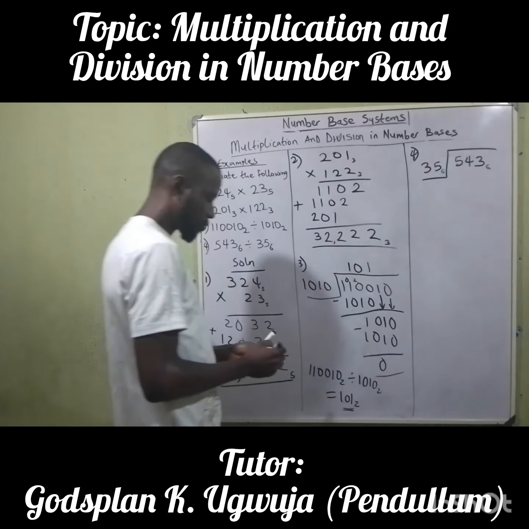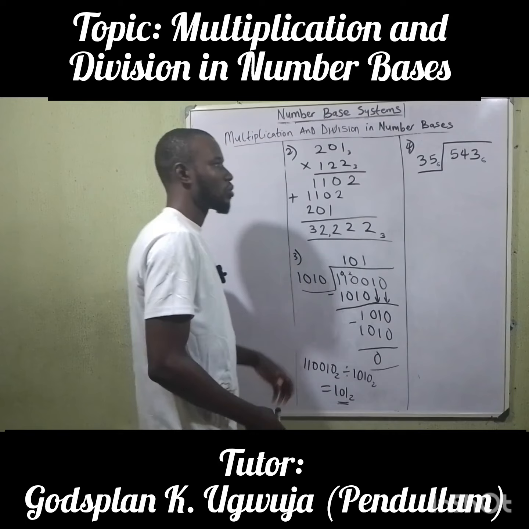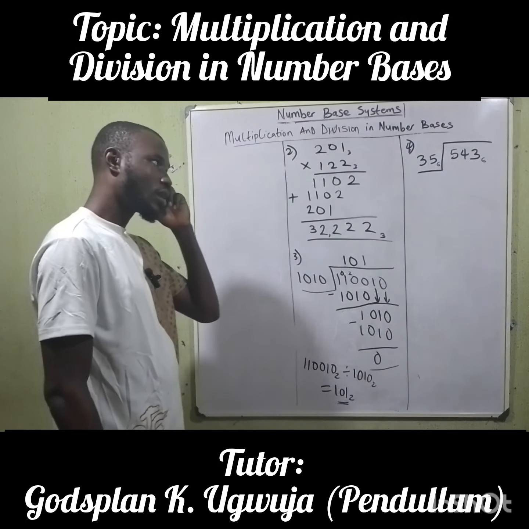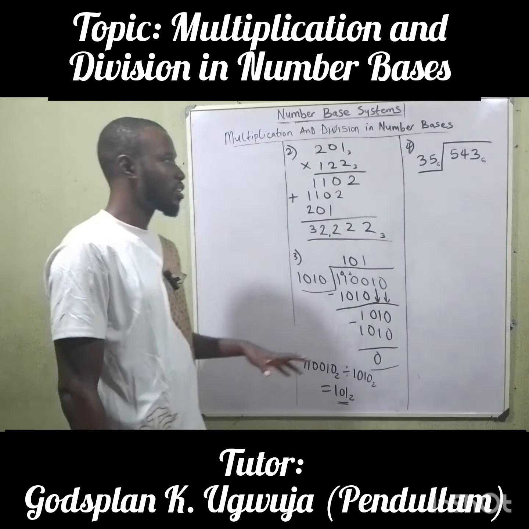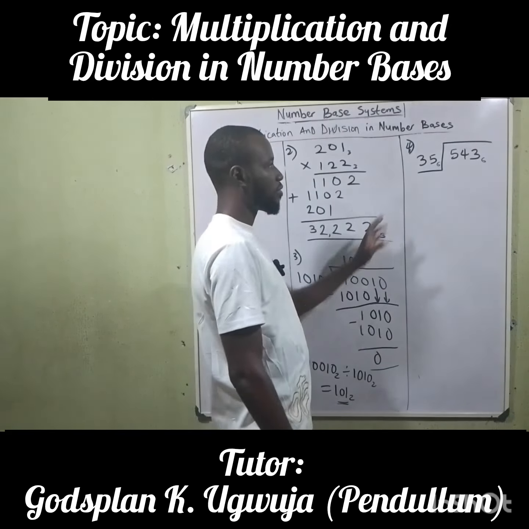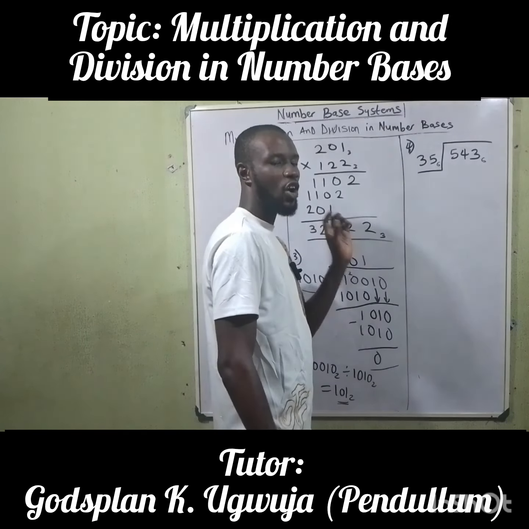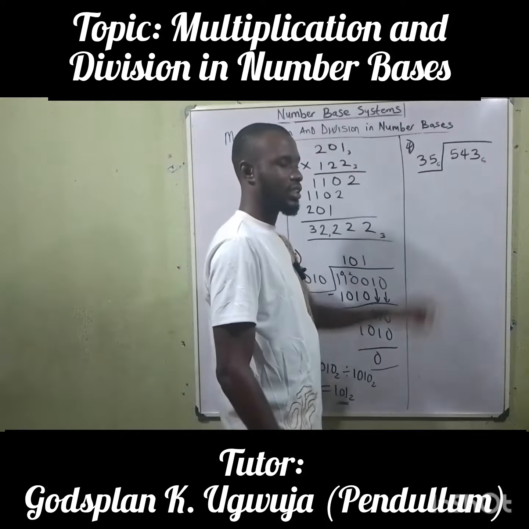Now, please pay attention. To be able to do this division, you will have to create a multiplication table for the divisor. The multiplication table will be for the divisor and all the digits in base 6, since we are working in base 6.